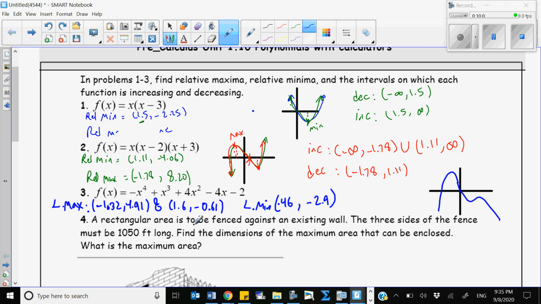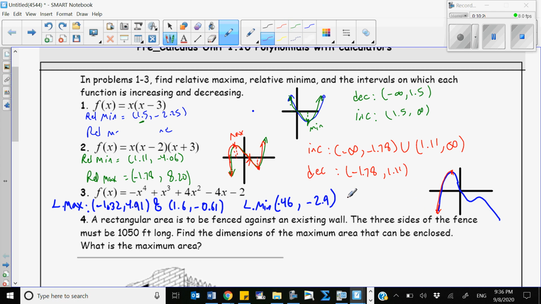Now it's asking for the interval that the function is increasing and decreasing. I'm going to start from here. The function is going to increase as I move from left to the right. Keep in mind again, start from left and move to the right side, increasing until we reach this point. So I have an increasing area here.